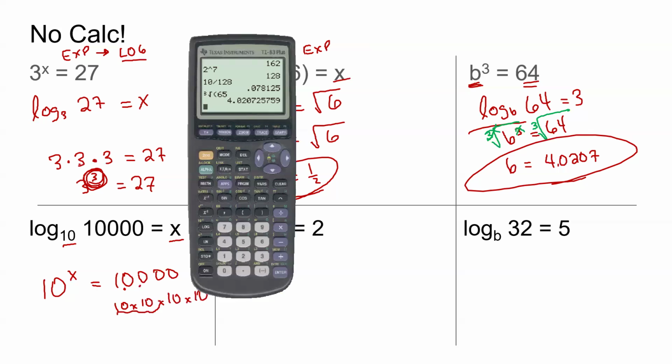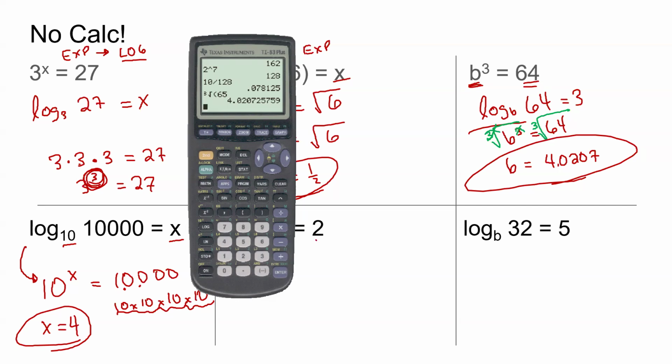The first two would give me 100. Next one would give me 1,000. There's a 10,000 right there. So I need to multiply 10 4 times. X would be equal to that 4 to make that work. Okay? And going from logarithmic form to exponential form helps me to get there.